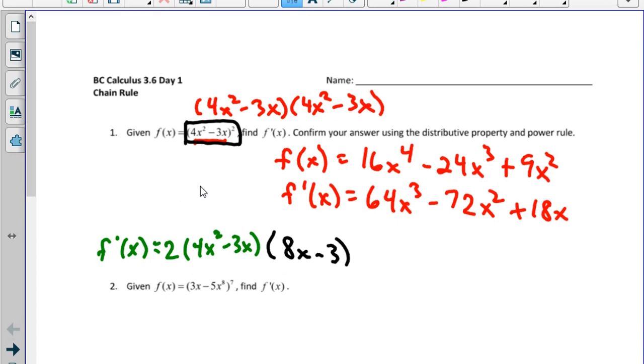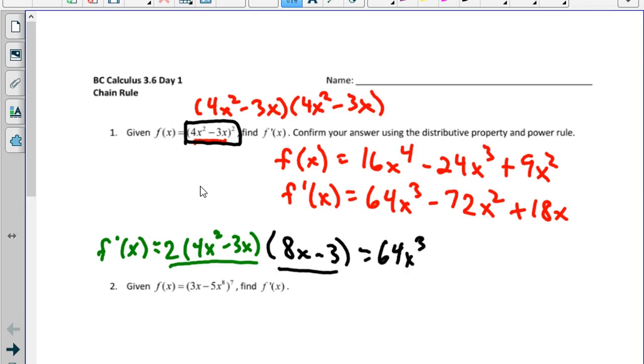So I take the derivative of the big function, and then I take the derivative of whatever was on the inside. What happens if I multiply all that together? Well, you can check with the distributive property, but my guess is 2 times 4 times 8 ends up being 64x cubed.